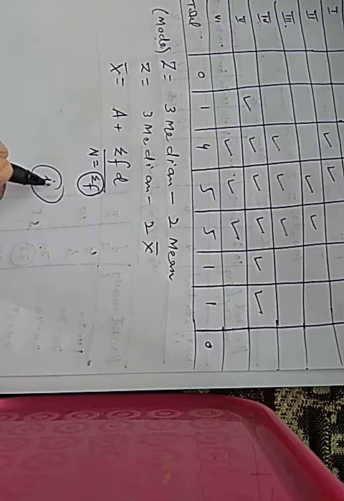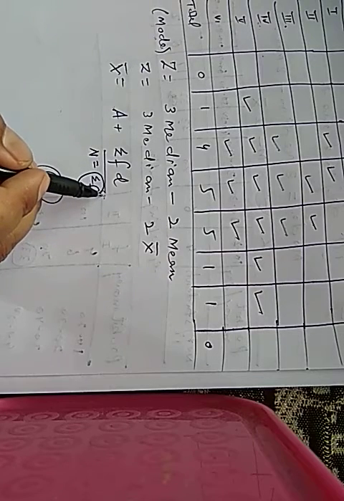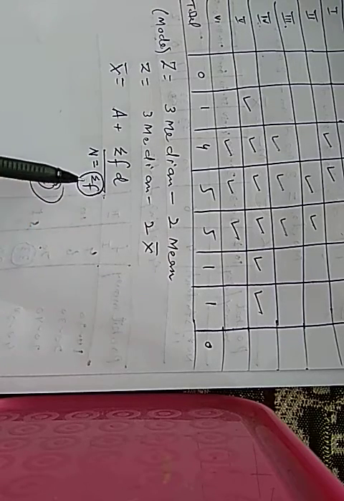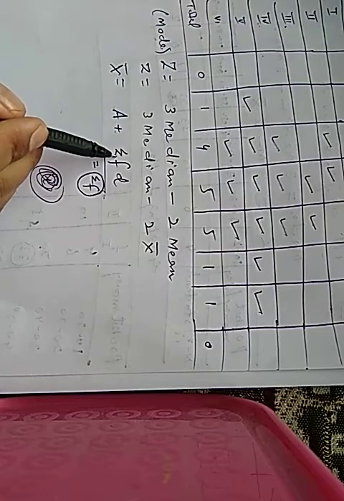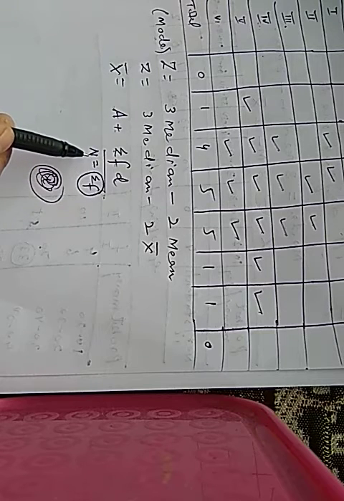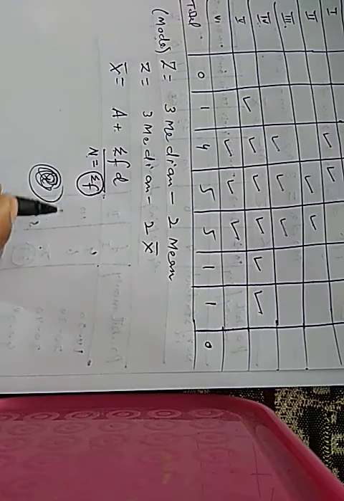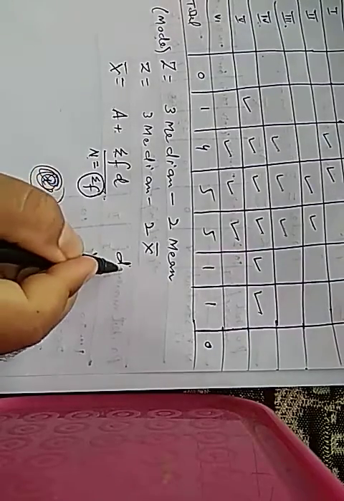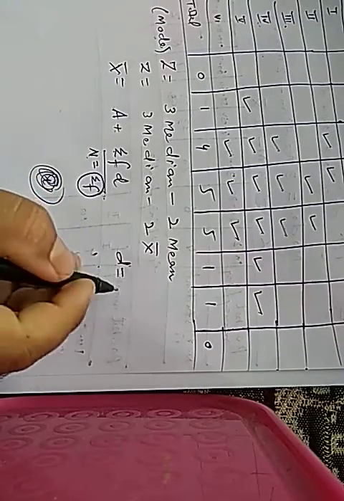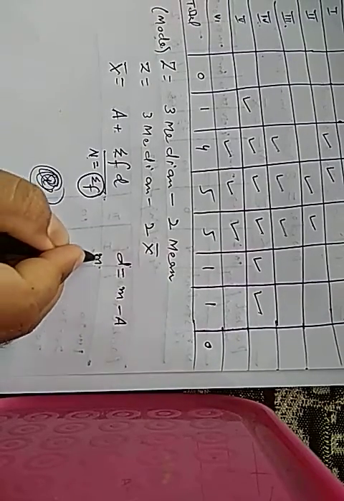If it is not divided by i, then we have the formula a plus sigma fd divided by n, where sigma shows the summation of frequencies and n is the total number of observations, equal to the sum of frequencies, and d, the deviation, is equal to m minus a, where m is the mid value.